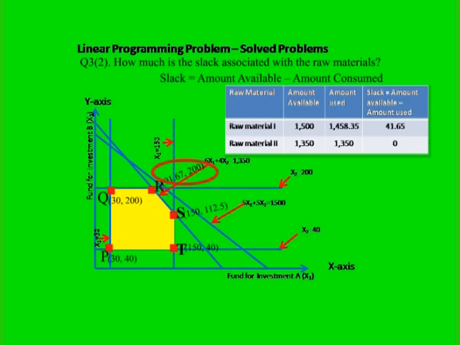Slack, which is the difference between amount available and amount used: raw material type 1 slack is equal to 1500 minus 1458.35, which is equal to 41.65. Raw material type 2 slack, 1350 minus 1350, is equal to 0.